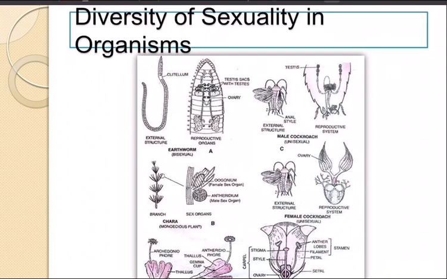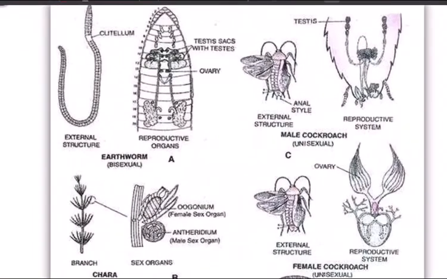So we see through the diagrams the explanation of this. For example, all of you must have seen the earthworm physically. So earthworm is a bisexual animal. Bi means two sexes. Here you can see somewhere in the anterior portion of the earthworm, there will be a reddish brown colored structure called clitellum.